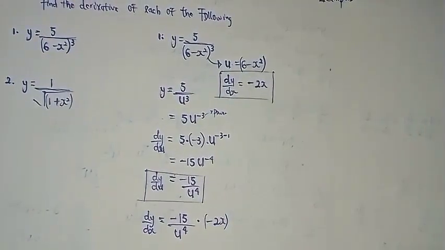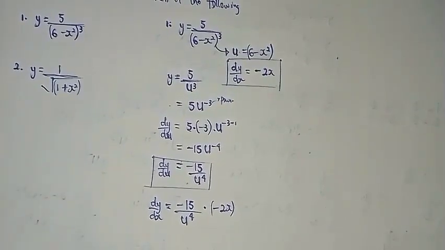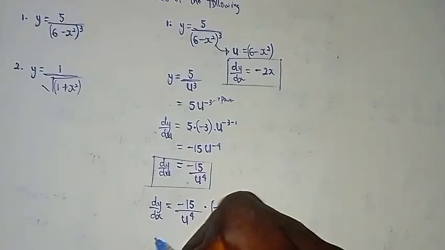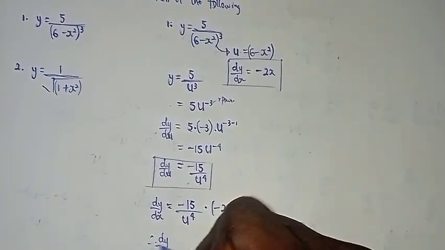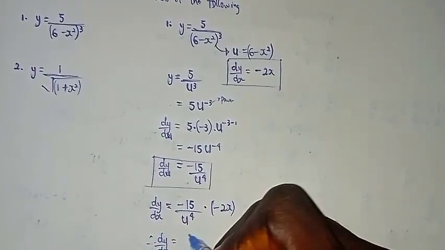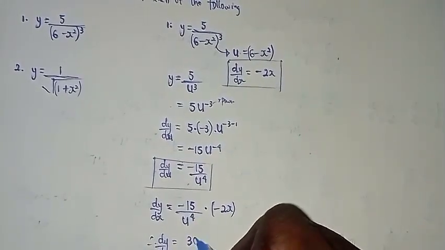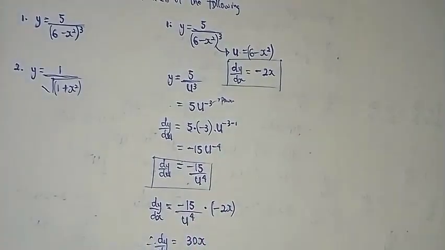So simplifying this further, minus times minus becomes plus, and then 15 times 2 becomes 30, and then we have x.